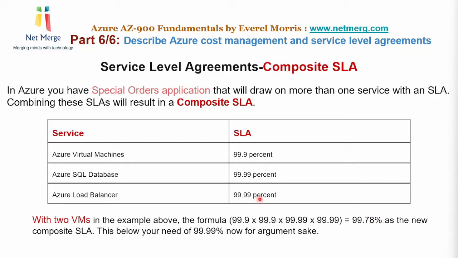So even though you have 4 nines, you wouldn't be able to claim credit for these at that level, because you're doing a composite SLA with a bunch of resources. So that changed the dynamics. That is what a composite SLA is. And below 99%, for argument's sake, you could see that you lose some of your SLA guarantees when you start compiling, merging, and concatenating resources together to form composite SLAs.